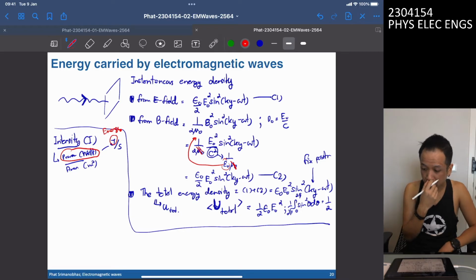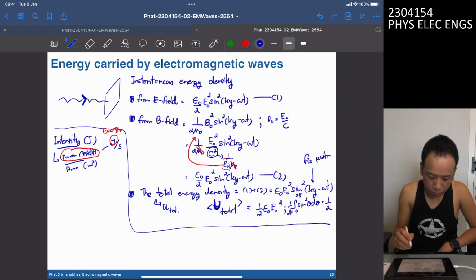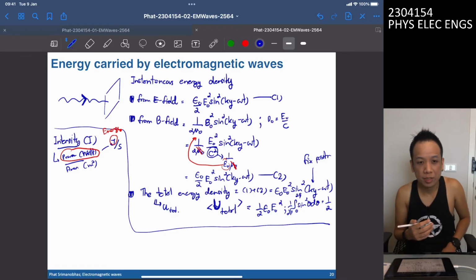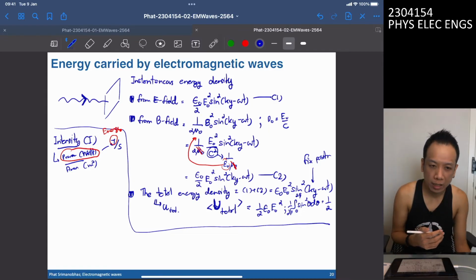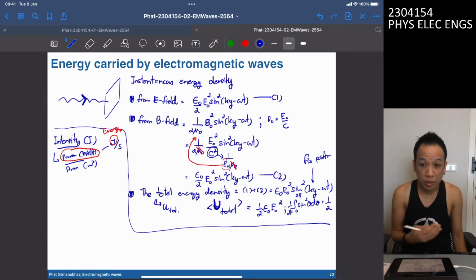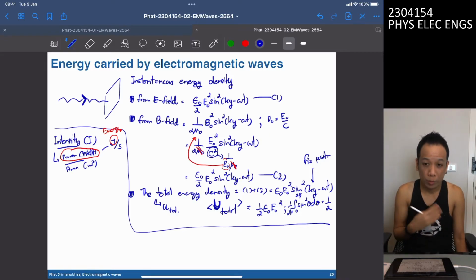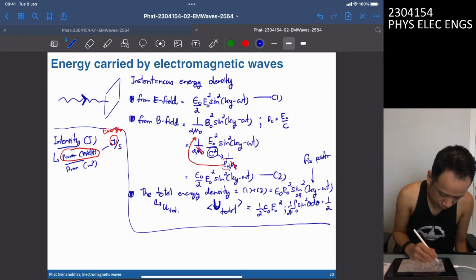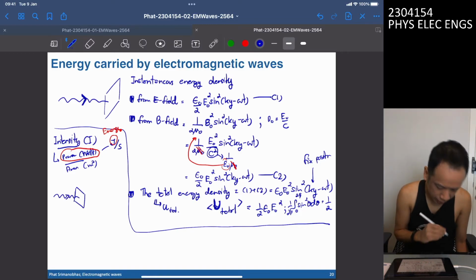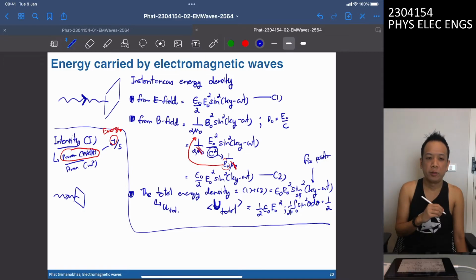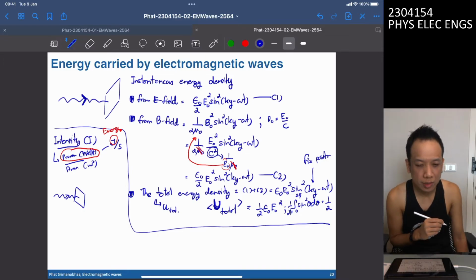Okay, so if we would like to know the intensity, or the power per unit area, that you will get when you get the radiation. So the situation is that you have the area, right? The EM wave comes, and then you ask what is the power per unit area that you will get.